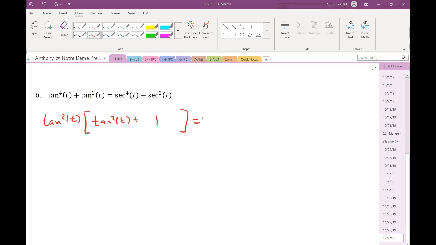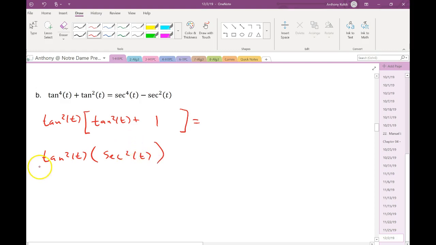Everybody okay with what we did there as the first step? There's just the greatest common factor of tan squared. Good. So Olivia says that the inside part is secant squared. Good, I agree.